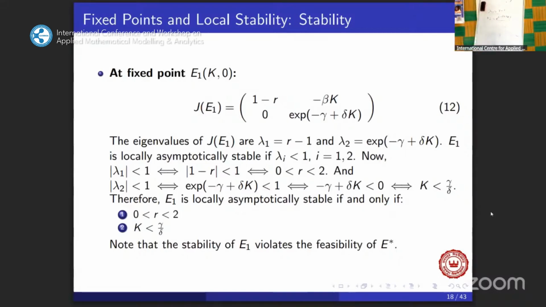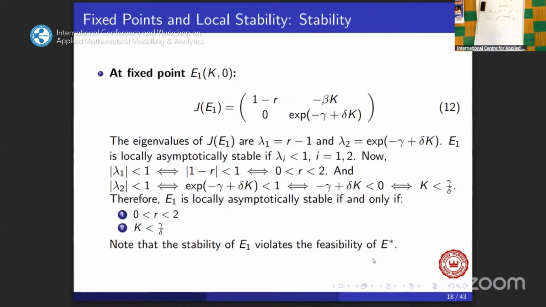The system will be stable when both eigenvalues are less than 1 in magnitude. If this value is less than 1 and this value is less than 1, then we say the system is locally stable. |r minus 1| less than 1 gives what range of r? 0 less than r less than 2, so lambda 1 is less than 1.